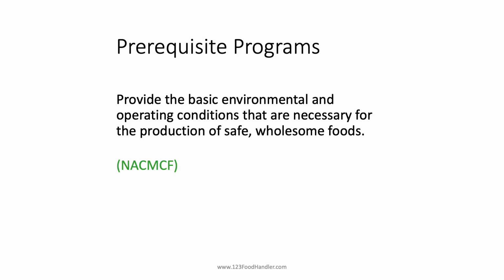Back in Chapter 1, we learned about the National Advisory Committee on Microbiological Criteria for Foods. And they lay out a lot of definitions for this stuff. Remember, they were a big part of the development of the 7 HACCP principles we still use today. So they've defined prerequisite programs as providing the basic environmental and operating conditions that are necessary for the production of safe, wholesome foods.